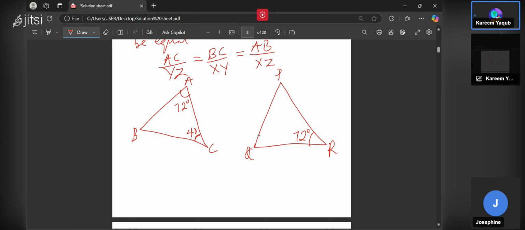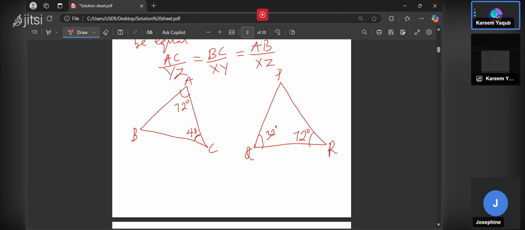Let's say this angle is given to be 32 degrees.